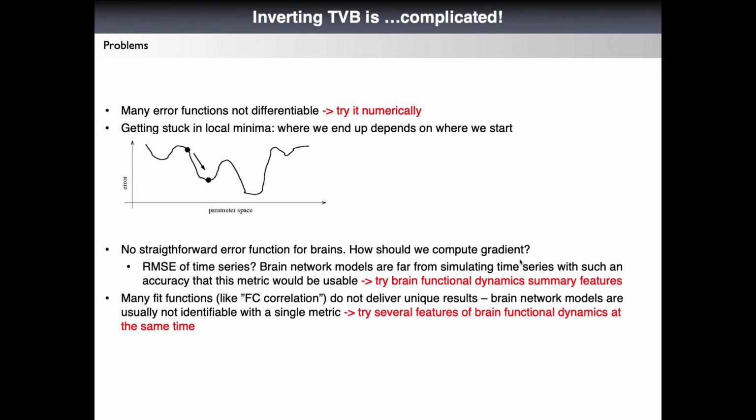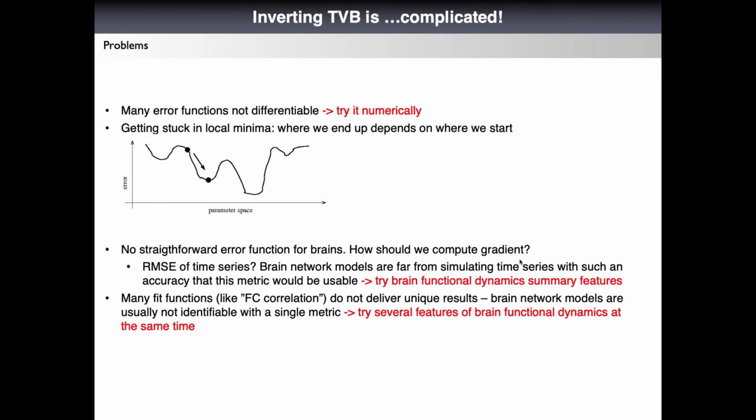However, I have to say that inverting TVB is very complicated because, as we said, TVB is a big abstraction of a very complicated system. There are many things that are right now difficult to handle or can go wrong. Like, for instance, most of the error functions that we need to optimize are not differentiable, so we try it completely numerically.